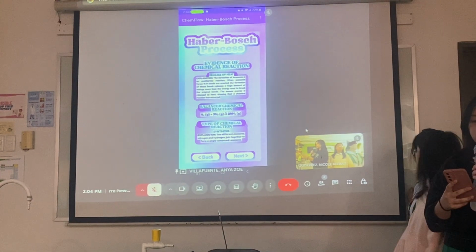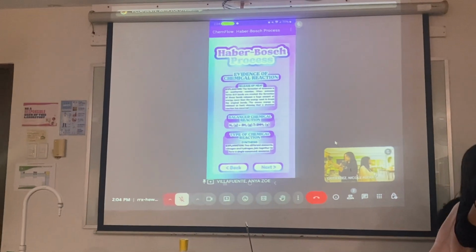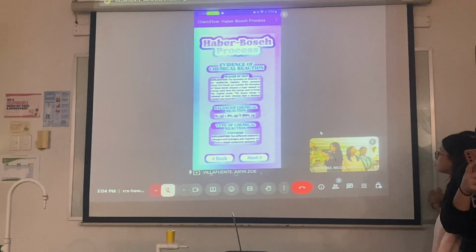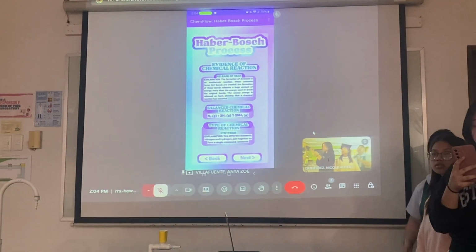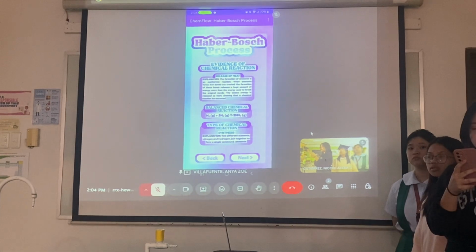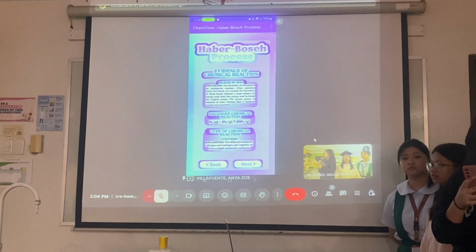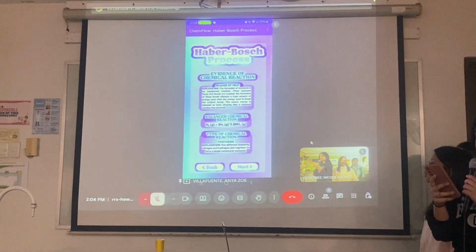Then we have the evidence of chemical reaction, which is the release of heat. This is explained by when ammonia forms the nitrogen and hydrogen bonds, the formation of these bonds releases a huge amount of energy, and so this excess energy comes out as heat. Now the balanced chemical reaction is here.